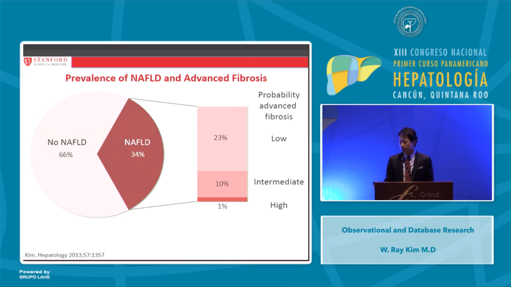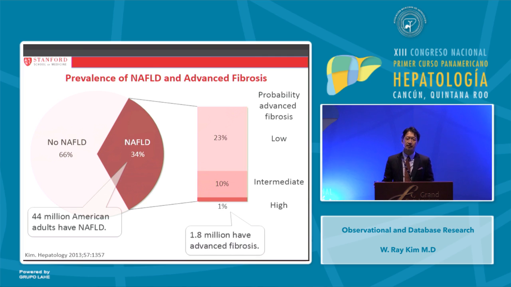And this is what we found, for the entire US population. 66% did not have fatty liver, but as many as 34% of the US population as of 1990 had fatty liver disease. That's 44 million Americans with fatty liver disease. And when we applied NFS, the non-invasive score, we found that 1.8 million people, or 1% of that population, had advanced fibrosis. So that's a very large number.